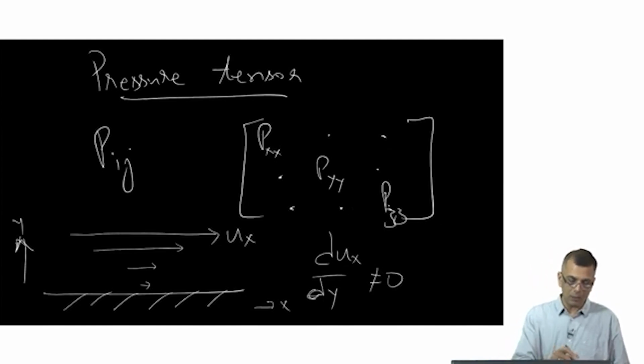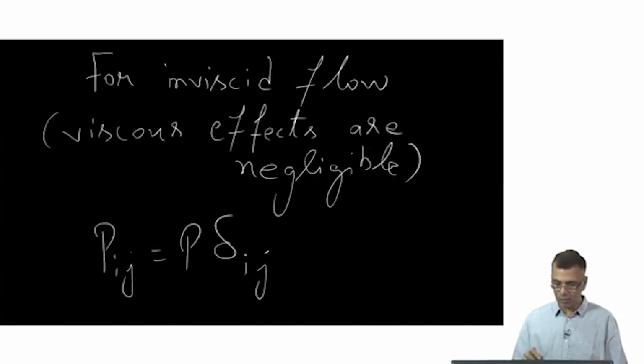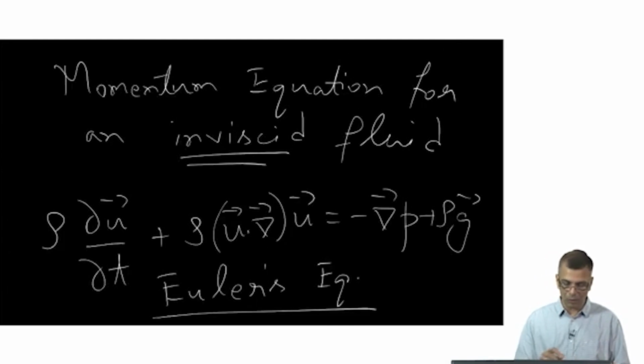But then we specialized to an inviscid flow where only the diagonal terms of the pressure tensor are non-zero, the other terms are 0, and we wrote down the Euler equation.